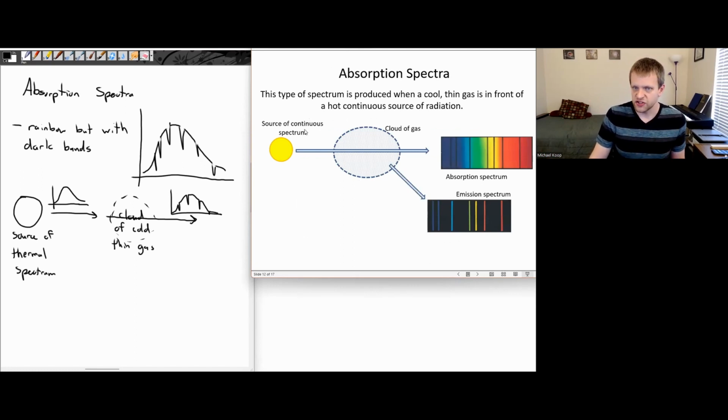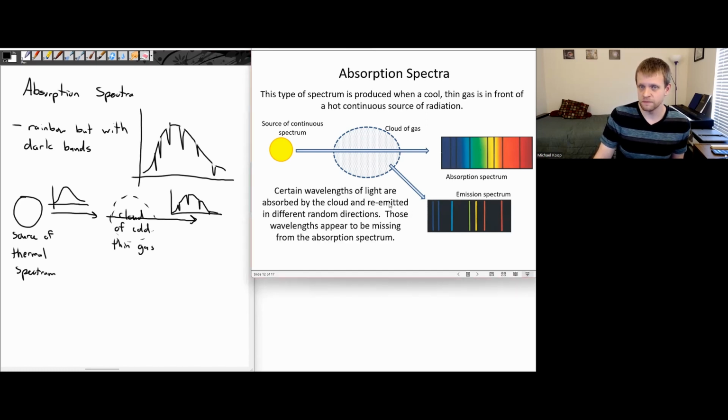And again, the way this is produced is we have the source of a continuous spectrum, a thermal radiation spectrum, from a solid, liquid, or dense gas. As that light moves through this cloud of gas, those particular colors are going to be preferentially absorbed. But after a very short amount of time, the cloud of gas is going to re-emit that light, generally in a random direction.